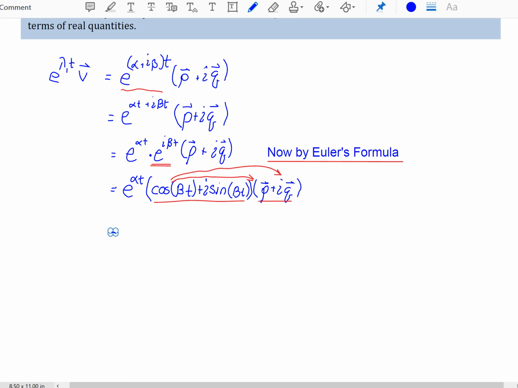And so we'll get e to the alpha t times cosine beta t times your p vector plus i cosine beta t times your q vector.